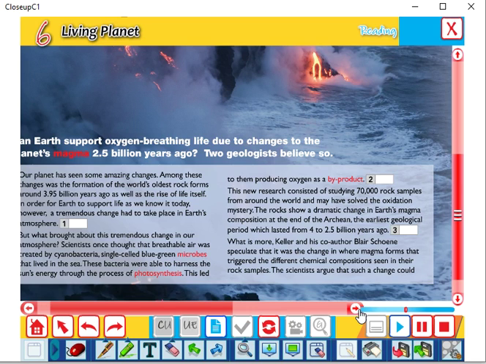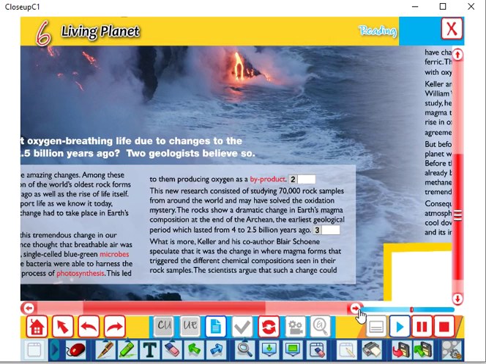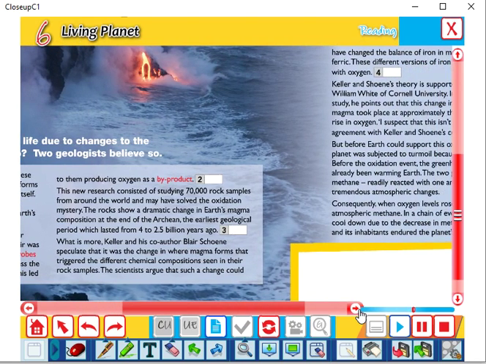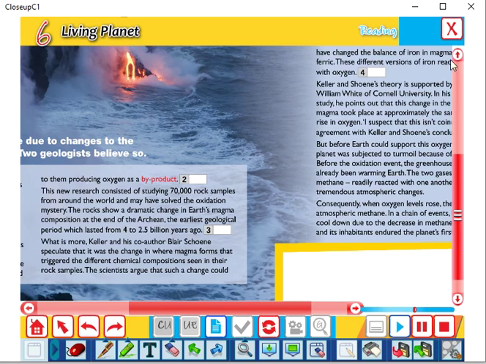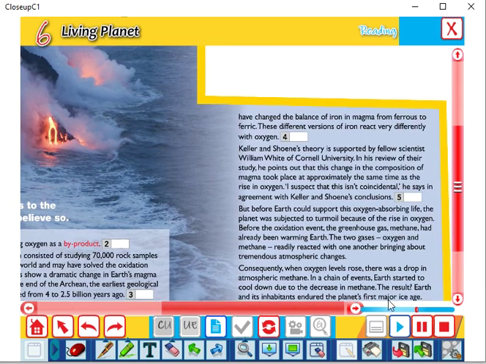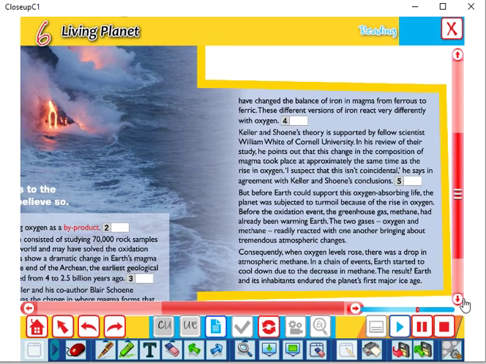What is more, Keller and his co-author Blair Shern speculate that it was the change in where magma forms that triggered the different chemical compositions seen in their rock samples. The scientists argue that such a change could have changed the balance of iron in magma from ferrous to ferric. These different versions of iron react very differently with oxygen.